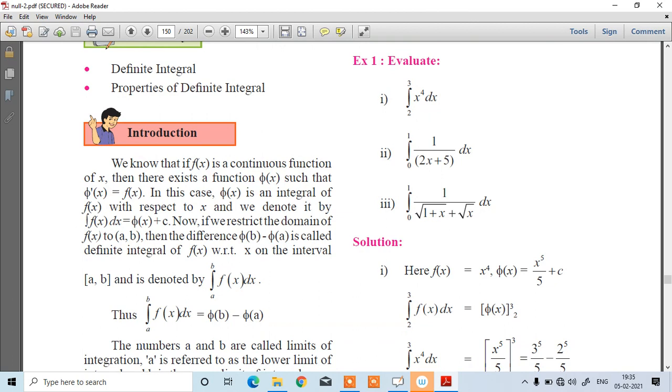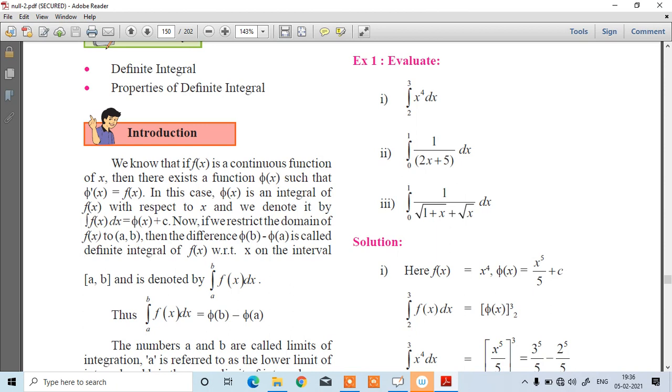We know that if f of x is a continuous function of x, then there exists a function phi of x such that phi dash of x is equal to f of x. Means if you know the derivative of one function, suppose a function is phi of x such that the derivative phi dash of x is equal to f of x, and in this case we know that phi of x is an integral of f of x with respect to x.